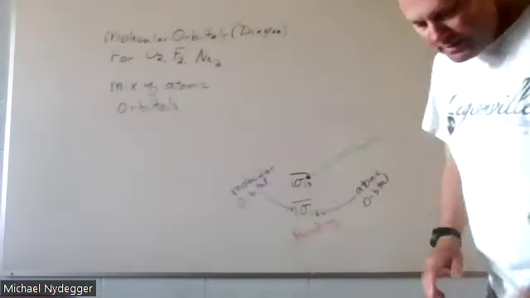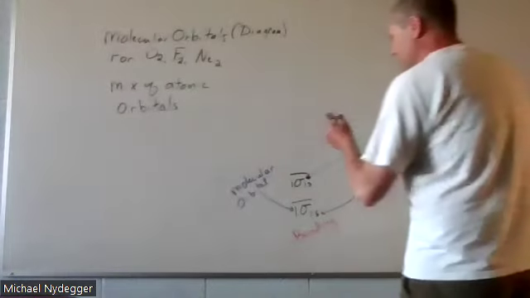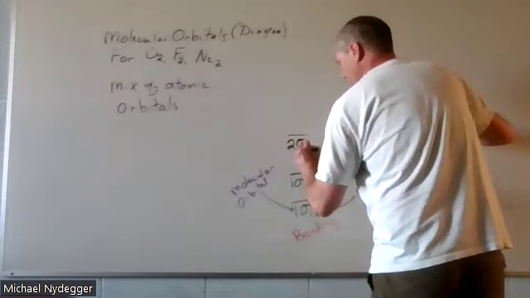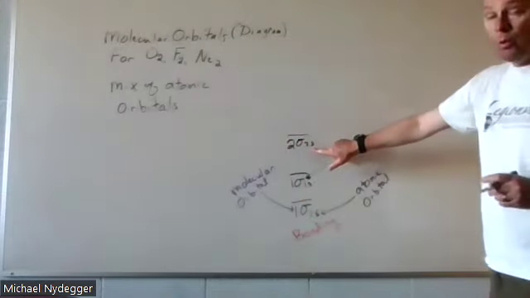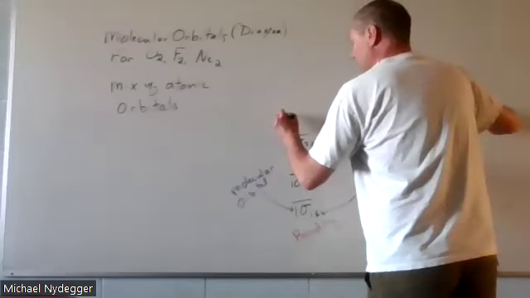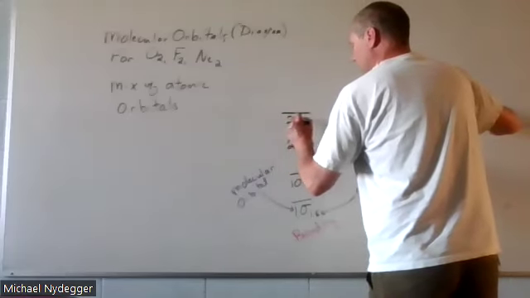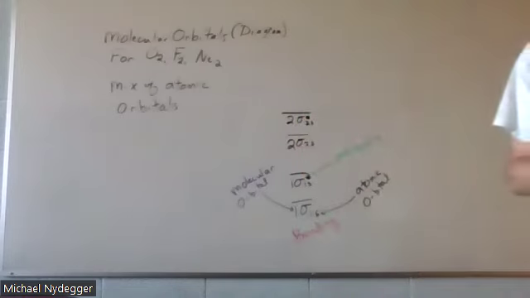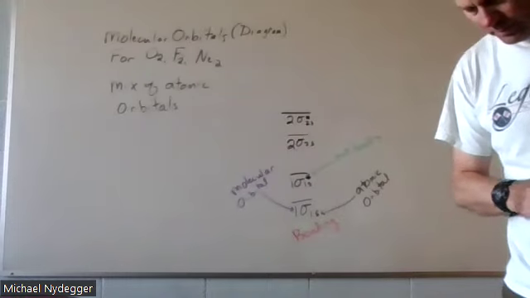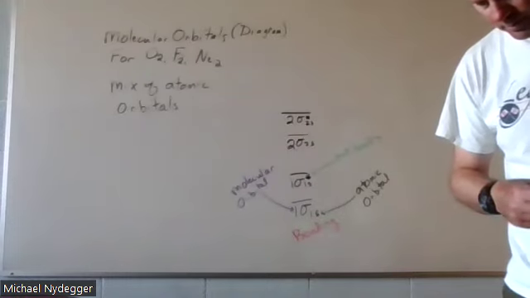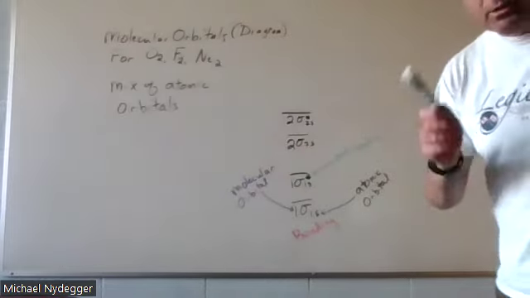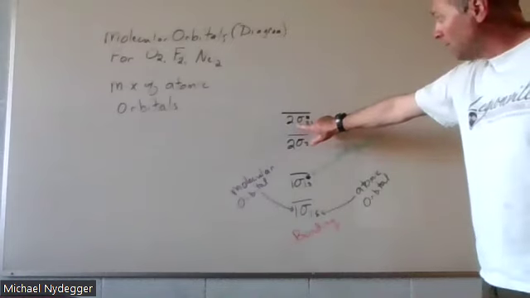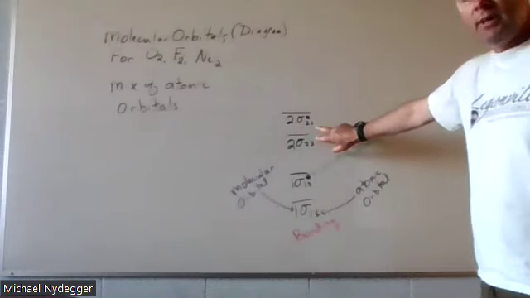Okay. The next level we've got is going to be up here, and this is 2 sigma, and this is formed by the 2s. And then up here we have the 2 sigma star 2s. Okay. Now is where it gets confusing, all right? So these molecular orbitals are formed by the 2s atomic orbitals.